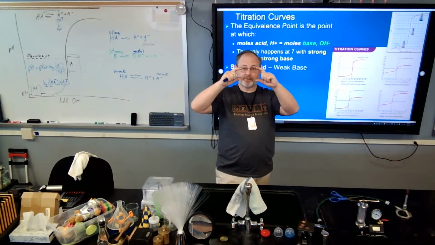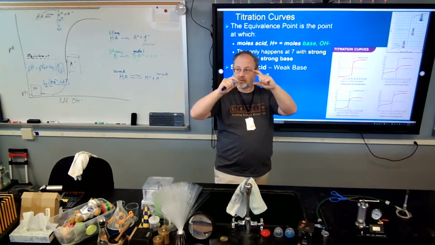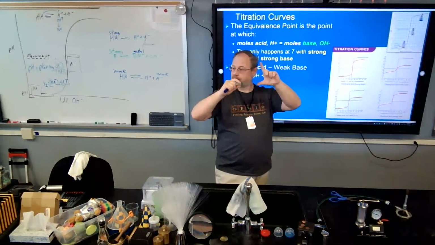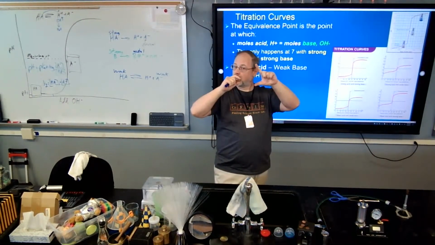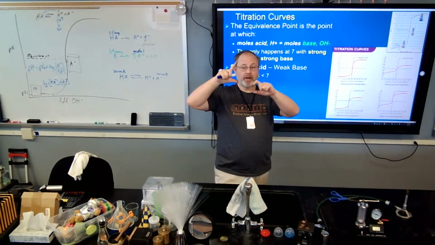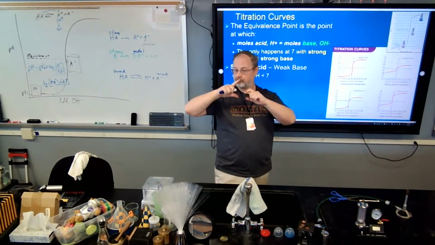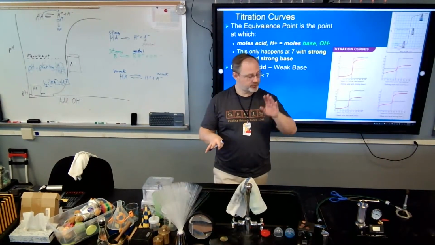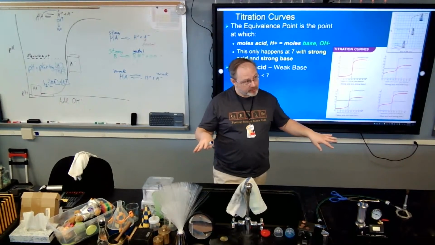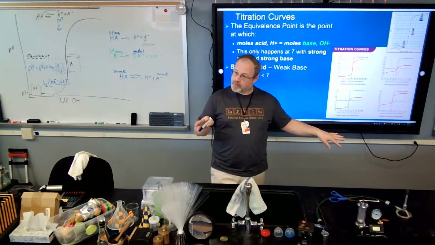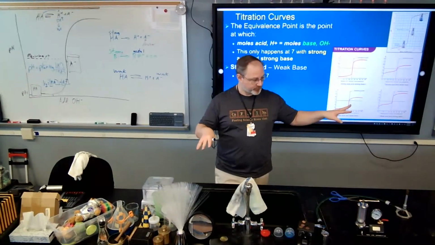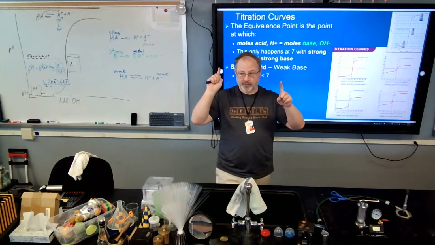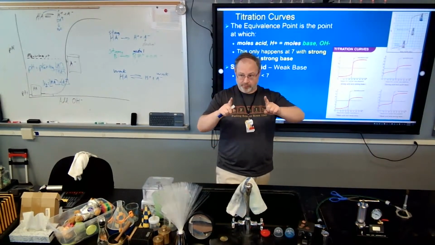If your Ka is very feeble, still a weak though, your Kb is going to be more robust. If your Ka is robust, your Kb is going to be feeble. Make sense? Strongs make negligible, weaks make weak, and the product of Ka and Kb is 10 to the negative 14.